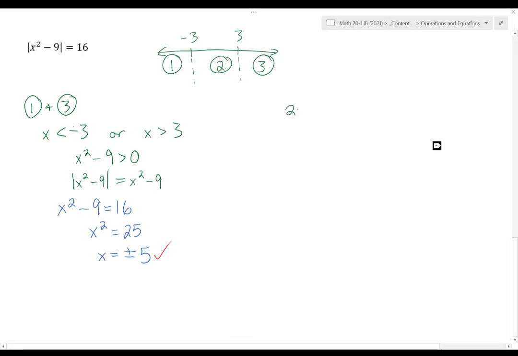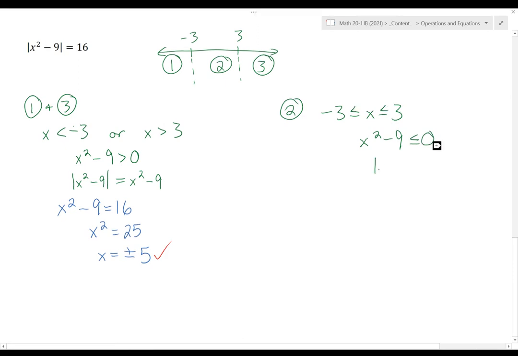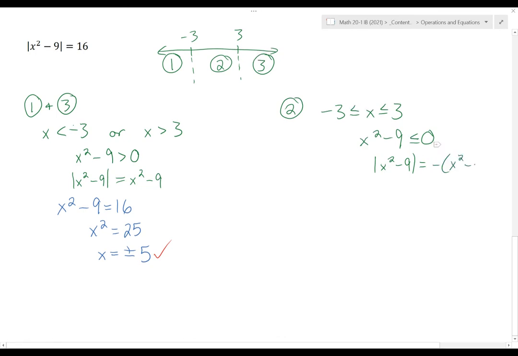So in case 2, if I were to pick a number between, so -3 is less than or equal to x is less than or equal to 3, if I picked a number between, for example, 0, 0 squared minus 9 is less than 0. So in this case, the absolute value of x squared minus 9 is the opposite of x squared minus 9.